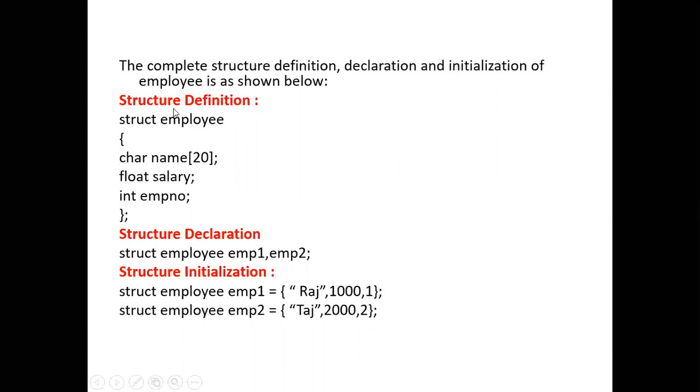Here we are defining a structure employee with name, salary, and employee number. We are declaring two structure variables, m1 and m2, and initializing those two employees with values. So these two are the initialization.